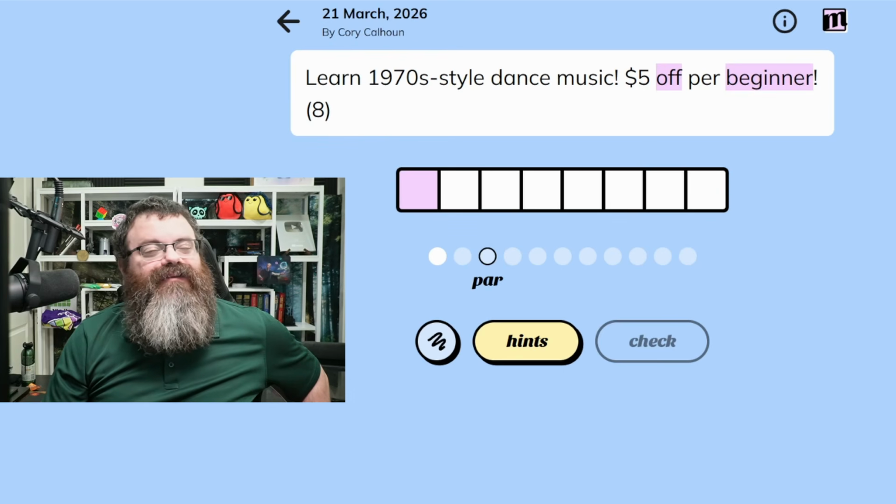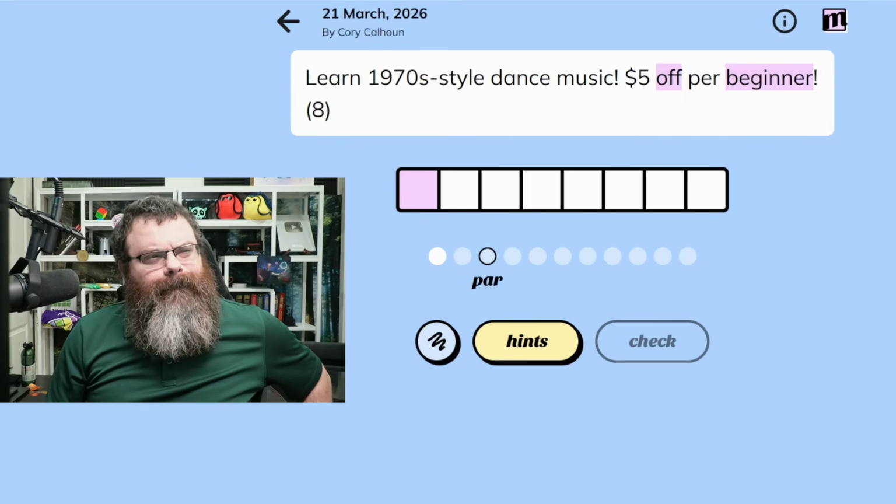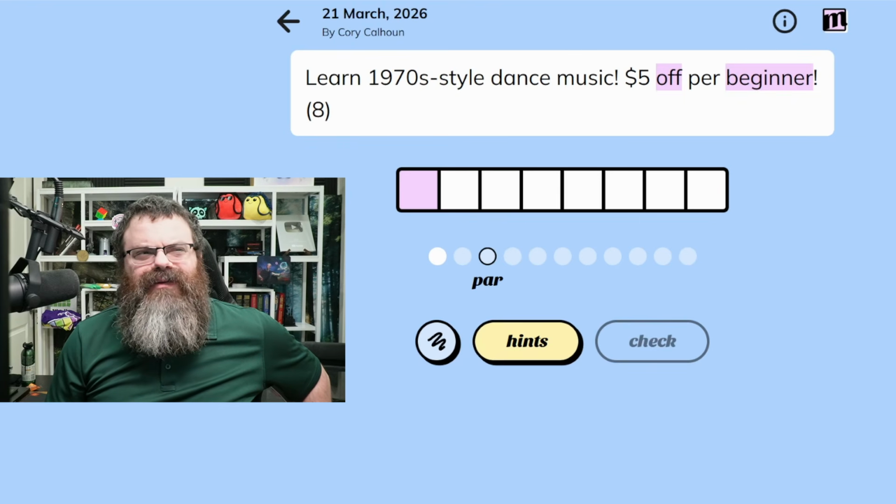Is there some slang for $5 that I don't know, with a P in it? I don't even know if this is US dollars or Australian dollars. Because this is an Australian publication, isn't it? So it could be Australian dollars.